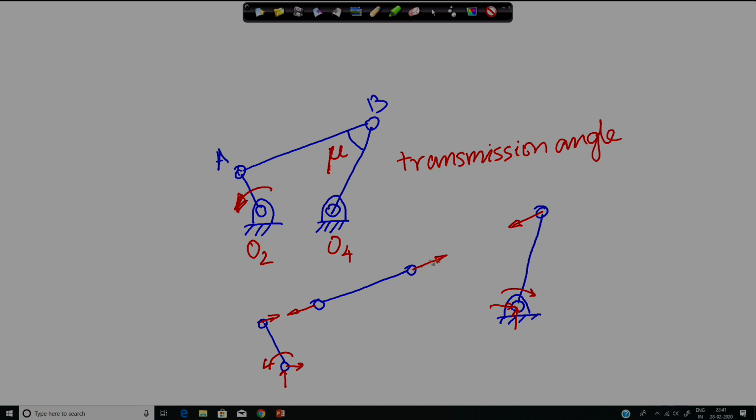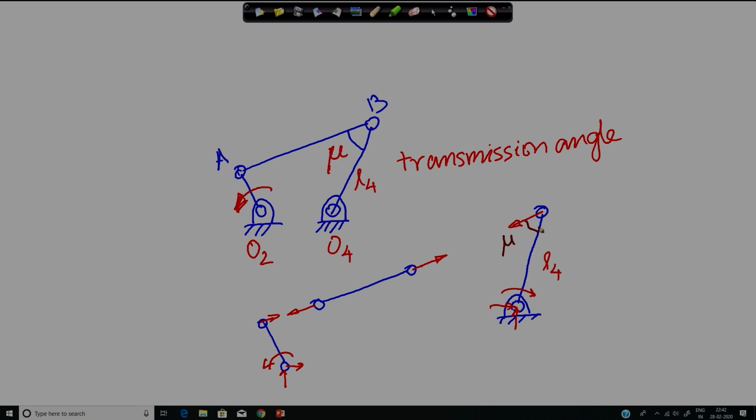Therefore, this force that is being transmitted by the coupler is along AB, and that force gets transmitted to the driven link, which is the link 4, and the angle that I have indicated, the transmission angle, is mu.